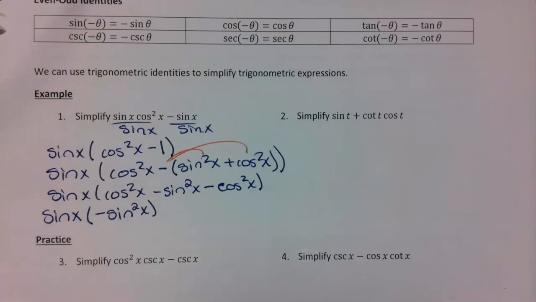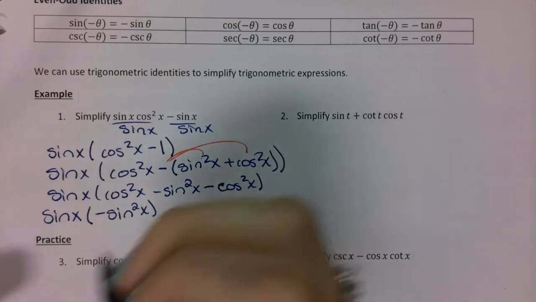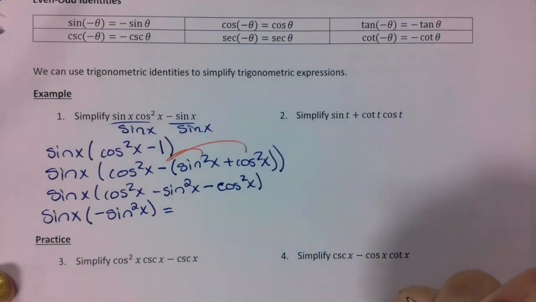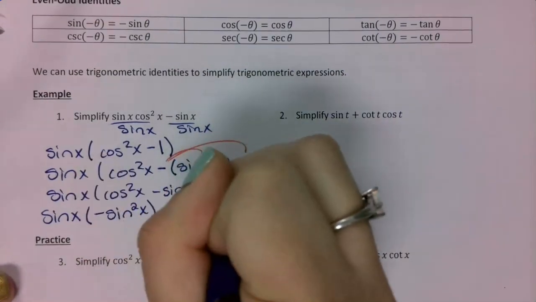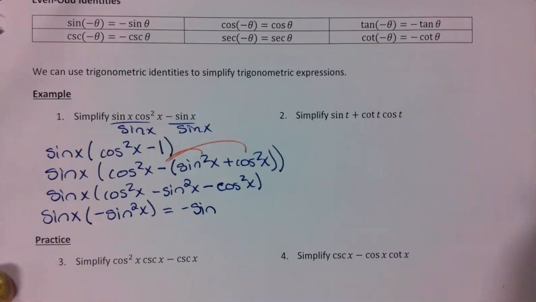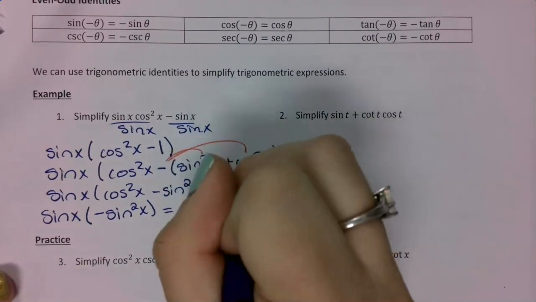Okay, then what can I do to finish this off? Multiply it, so that's going to give me what? Negative sine cubed.